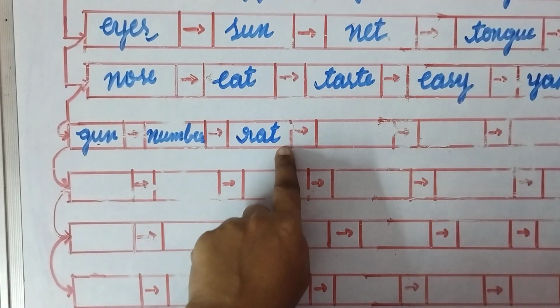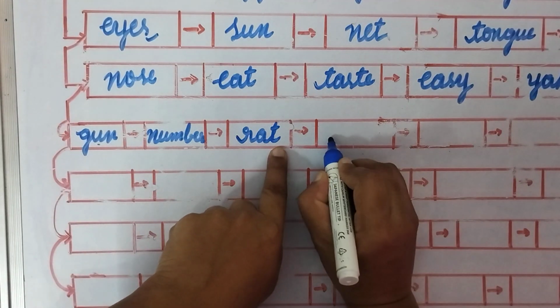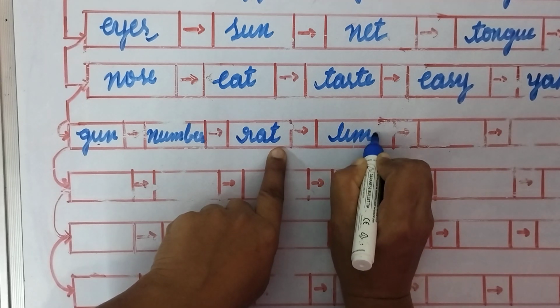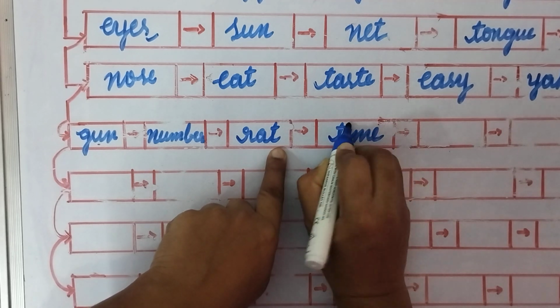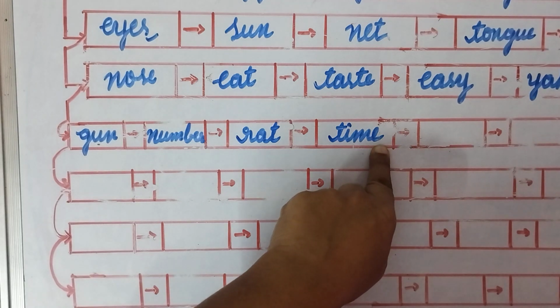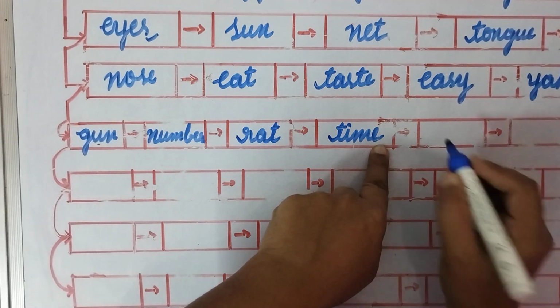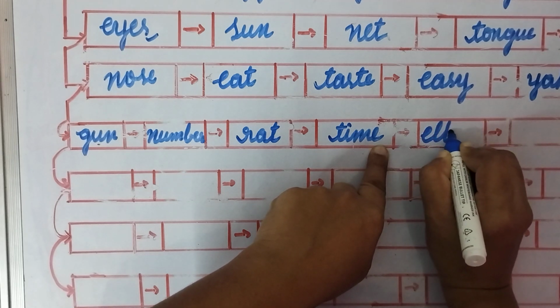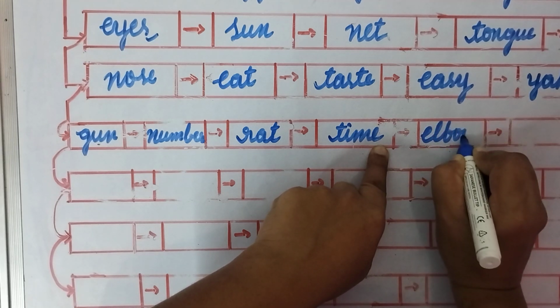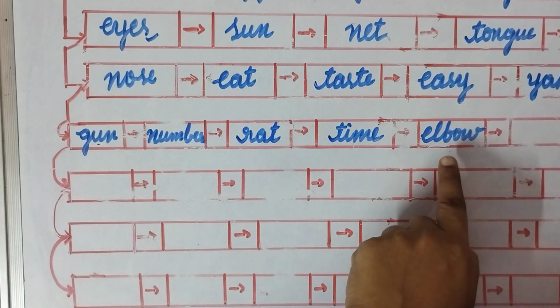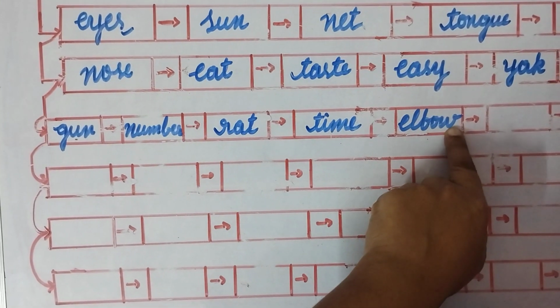Again T. T for time, T-I-M-E, time. Again E. E for elbow, E-L-B-O-W, elbow.